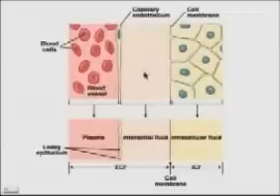This slide is showing us the distribution of the fluids within the internal environment, and how the cell membranes serve as barriers between those. So here we are seeing the blood within a capillary or blood vessel, with the extracellular fluid component being the plasma, and the interstitial fluid within the interstitial compartment, a subset of the extracellular fluid compartment.